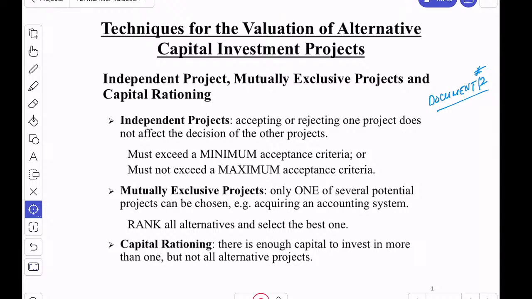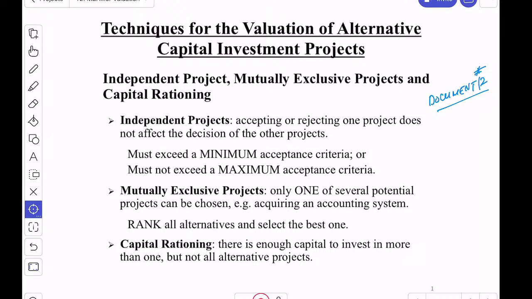So if you're just evaluating the project on its own merit, it's called independent project analysis. If you have to choose between projects, this is a mutually exclusive project analysis. Okay, so you only get to pick one of several potential projects. You will rank the alternatives and pick the one that's best.